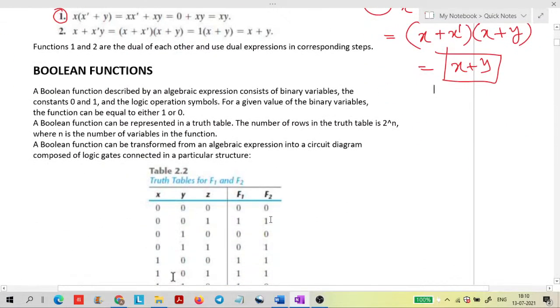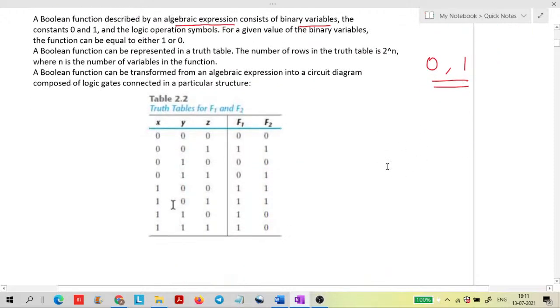Okay, so the Boolean functions. A Boolean function is described by an algebraic expression that consists of binary variables. The binary variables are represented as either 0 or 1. A Boolean function can be represented in a truth table.